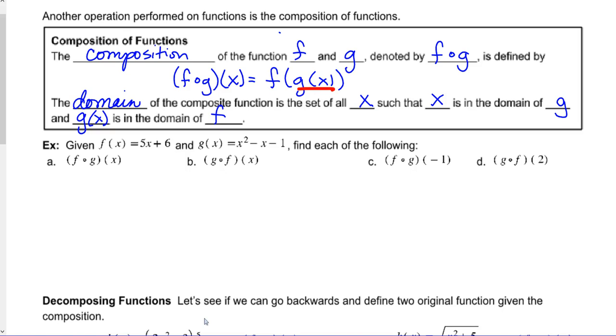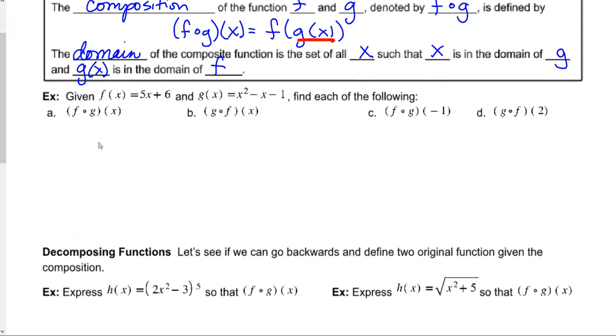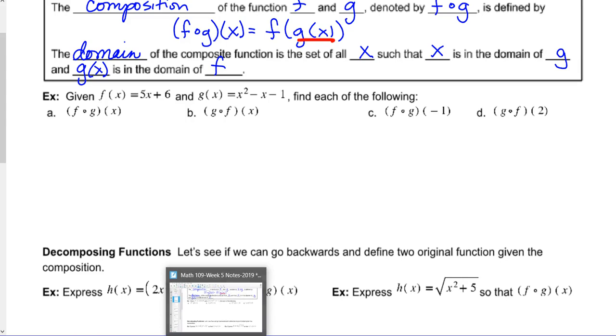So this is one where we're kind of work ourselves from the inside out, is what I say. We go to the inside and we put that in there and then work on the outside, okay? All right, we're going to kind of do the first part first here. That's a little bit more difficult when just finding the composition in terms of x versus when we look at the numbers.